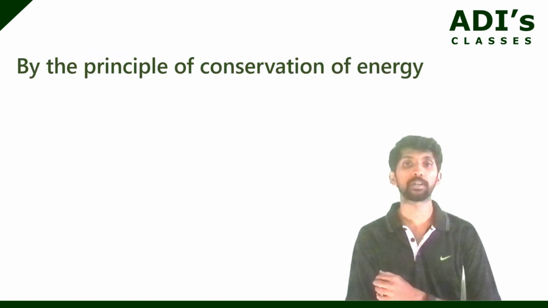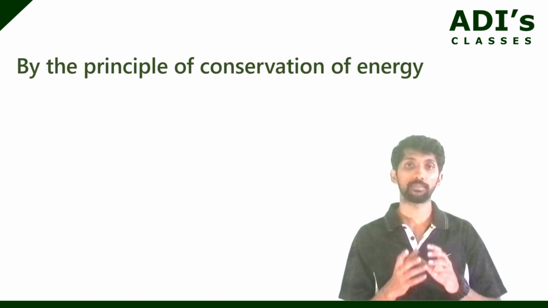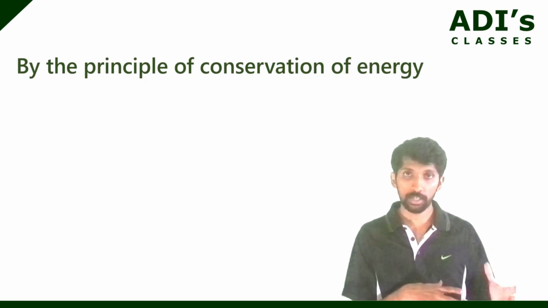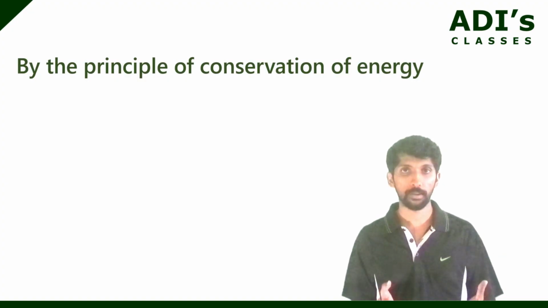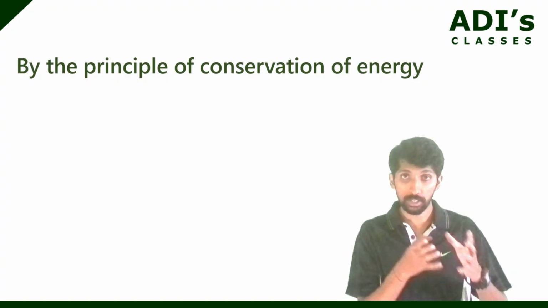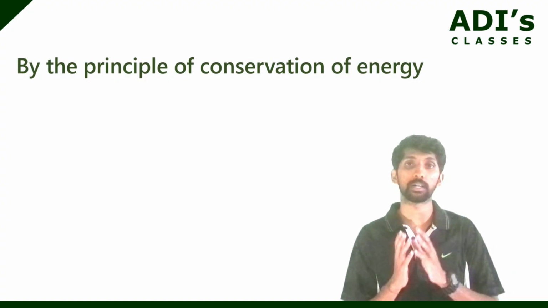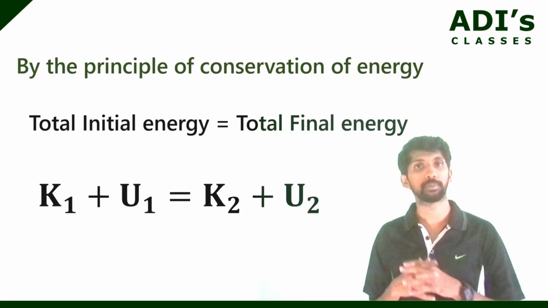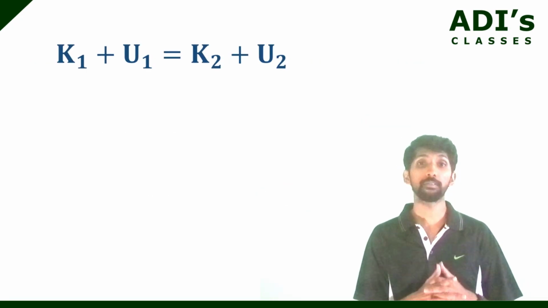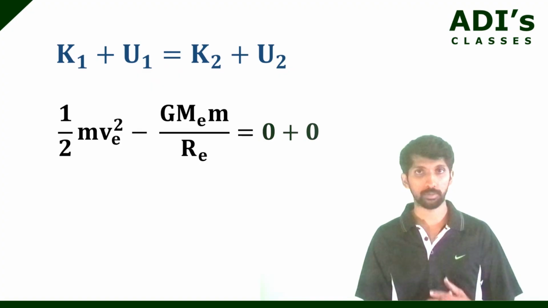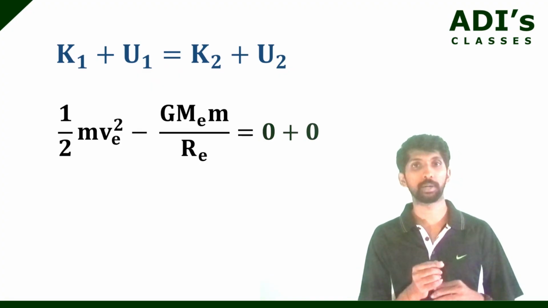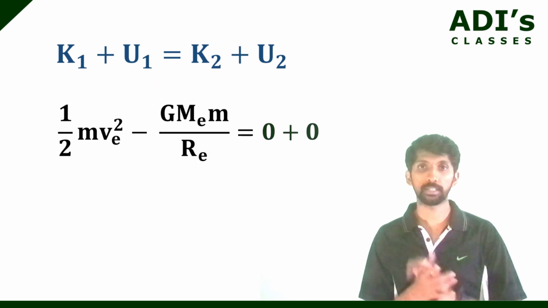Now, by the principle of conservation of energy, energy can neither be created nor destroyed, so the initial energy and final energy should be the same, correct? We use this concept to figure out the escape velocity. We have K1 plus U1 is equal to K2 plus U2. So half m Ve square minus G Me m divided by Re is equal to 0 plus 0.